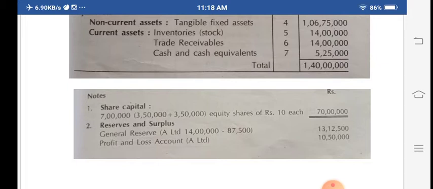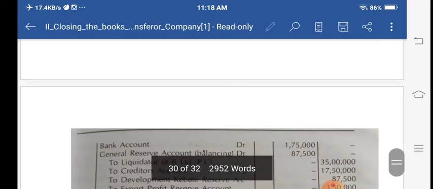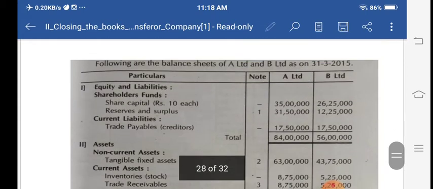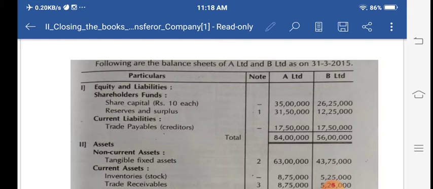In the balance sheet of A Limited, the share capital is rupees 10 each, with 3,50,000 shares, which makes 35 lakhs of share capital, and each share price is rupees 10.